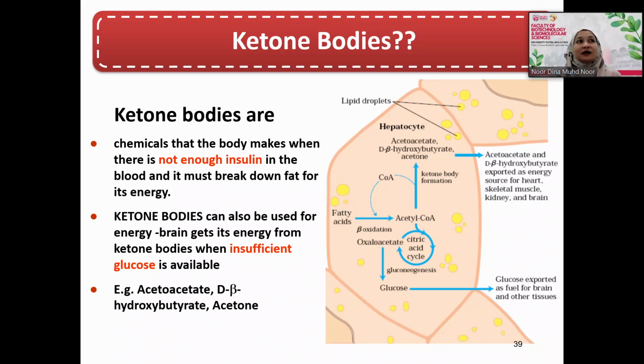If you entered matriculation, KMatrix, I think you have learned about all these mechanisms, pathways and metabolism of glucose, right? But in the case of ketone bodies, have you learned about this before?